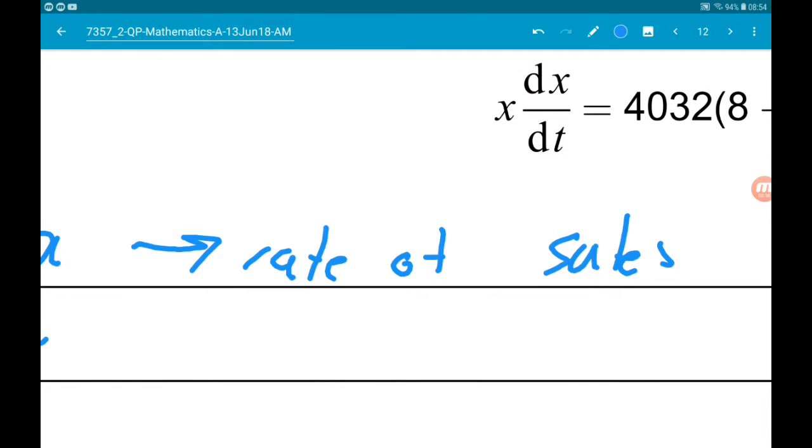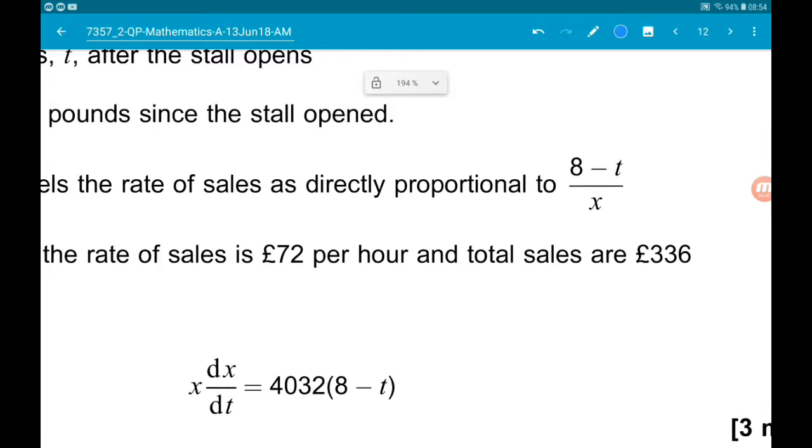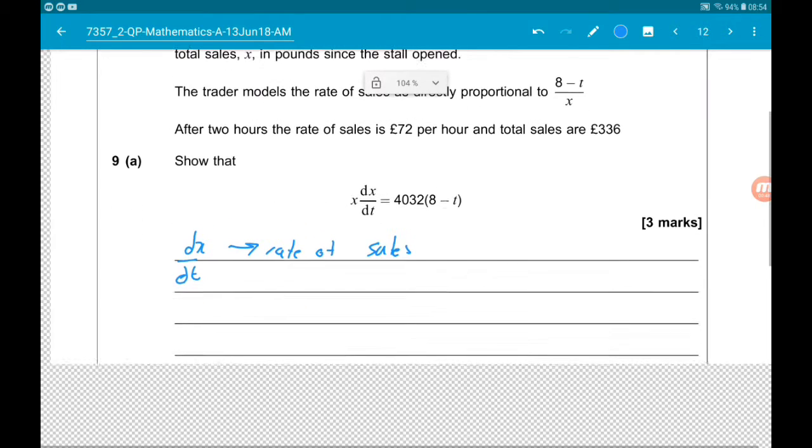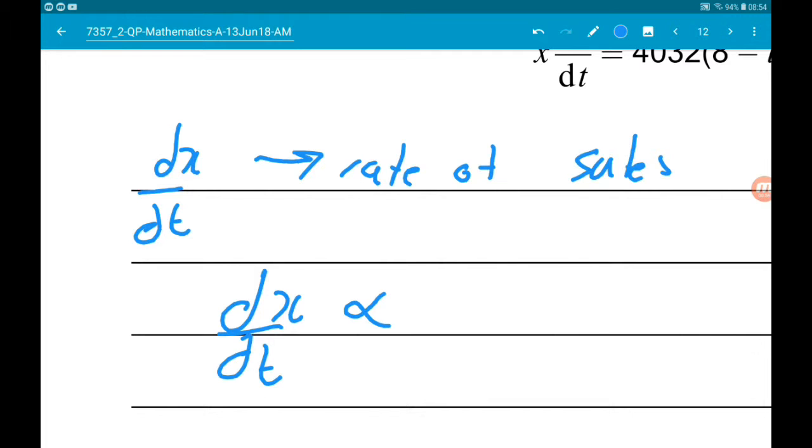Now we were told the trader models the rate of sales as directly proportional to (8 minus t) over x. So dx by dt is proportional to (8 minus t) over x.